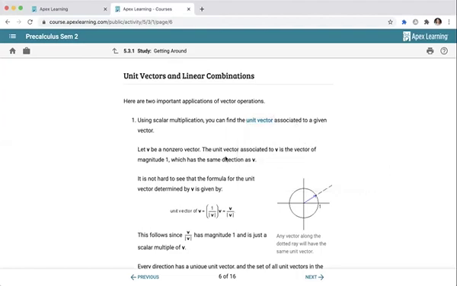So if we let our vector be a non-zero vector, the unit vector associated has a magnitude of 1, and it's the same direction as our vector. We're just trying to relate our normal vectors onto our unit circle here.